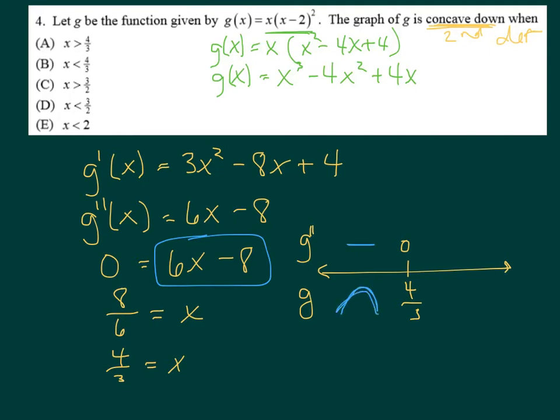All right, and then greater than 4/3 would be a number like 2 or 3. If I put one of those in, I get a positive, which tells me I'm concave up. So if they're asking where I am concave down, I would conclude that I am concave down when x is less than 4/3 because that's where the second derivative is less than 0. So that would be choice B.